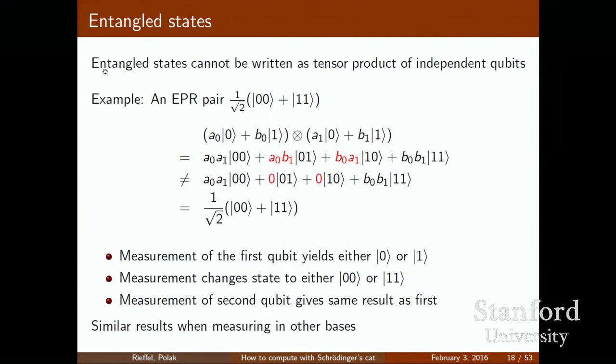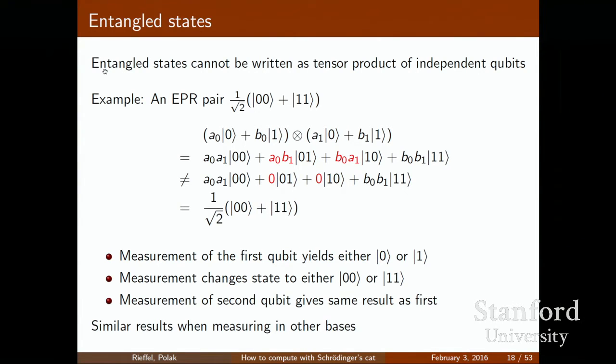So this state has an interesting property. We can measure one of the two qubits and we get 0 or 1. That's easy so far. As a result of the measurement, the state will collapse into a state that's consistent with that measurement, so it will be either 0,0 or 1,1.